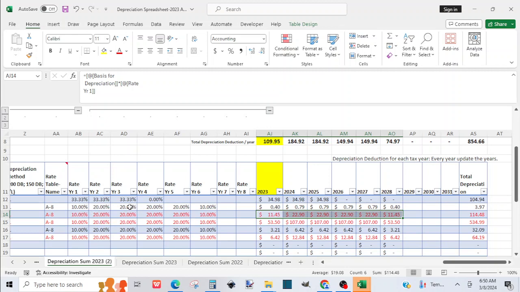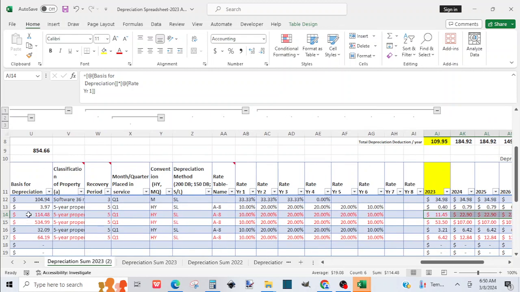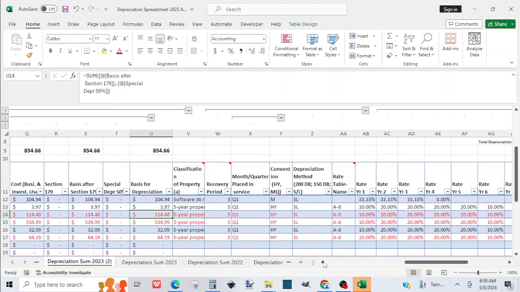For every year, you use the original amount that you are depreciating, the cost. If it's 100% business use and you didn't take any other special depreciation or section 179; if you did, those need to be taken out to find the basis for depreciation.